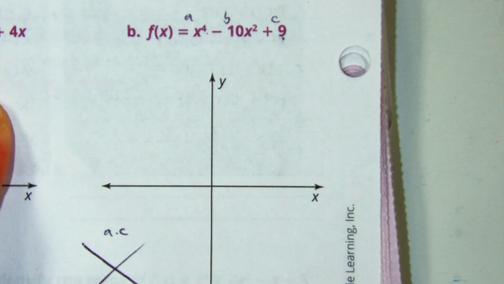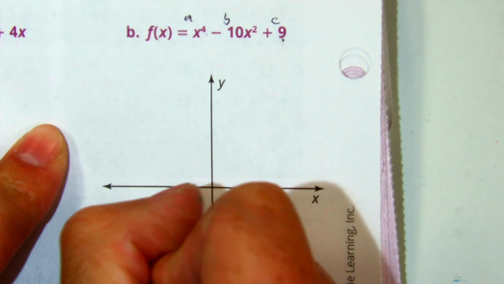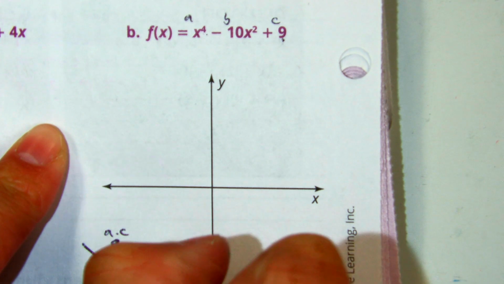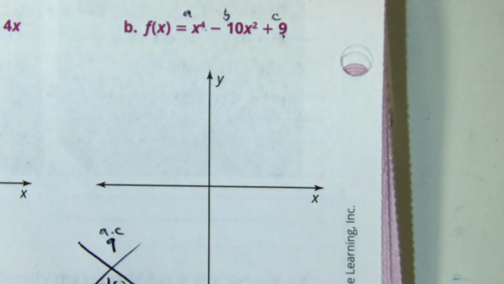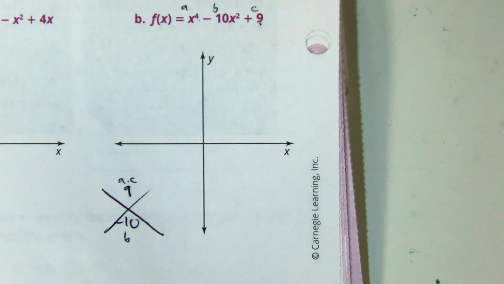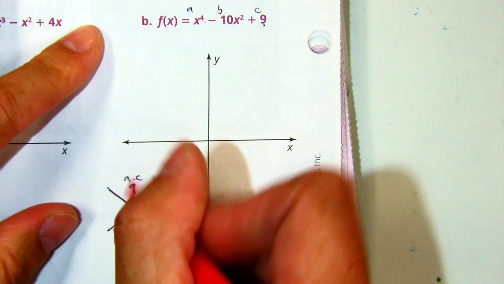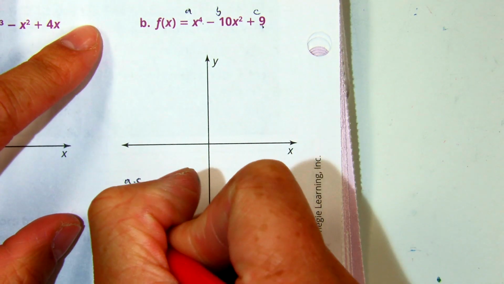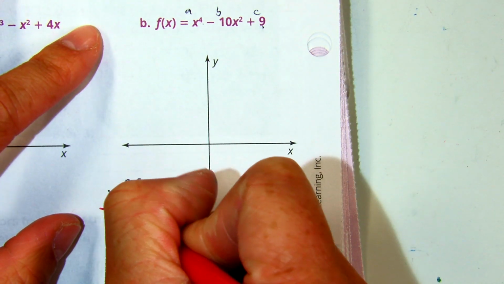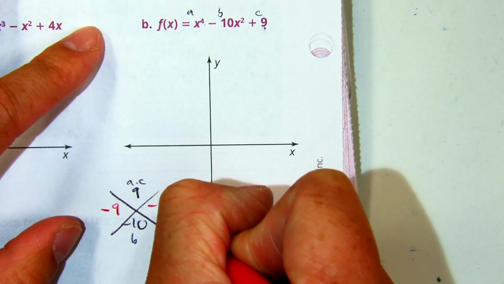Class, a times c? B value? Two numbers that multiply to be 9 and add to be negative 10. Negative what? Negative 9 and negative 1.